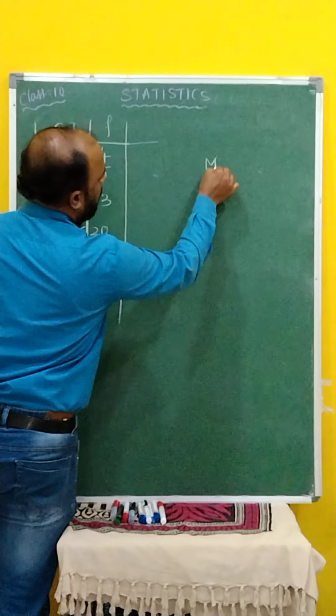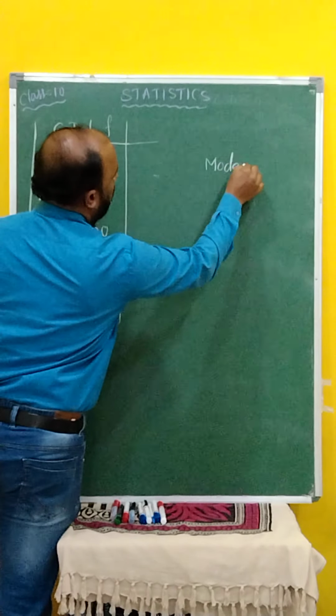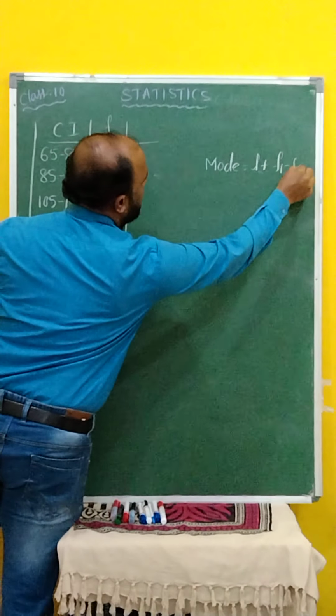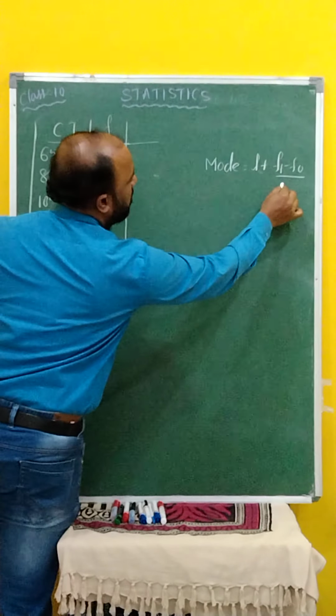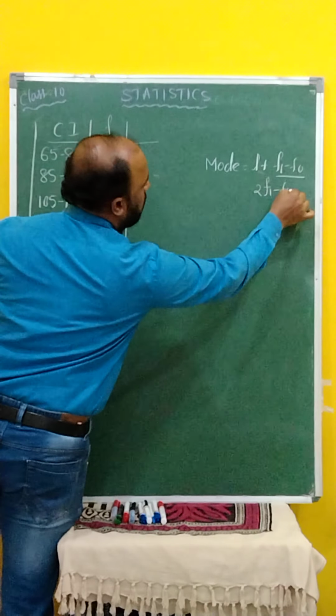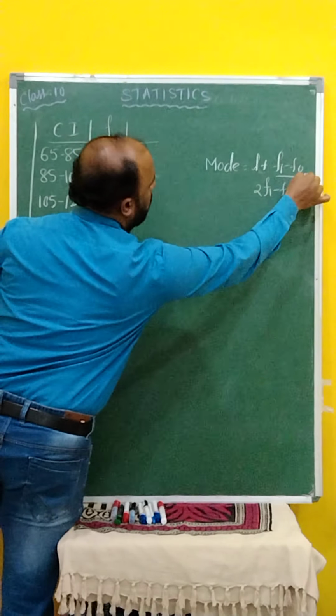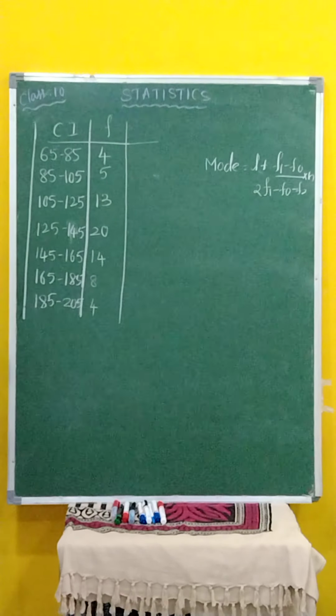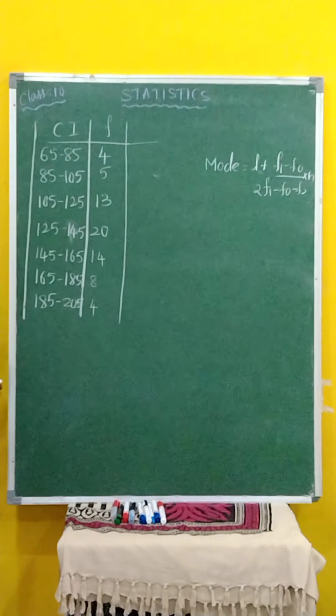Mode formula we know: mode is equal to L plus (F1 minus F0) divided by (2F1 minus F0 minus F2) into H. This is the mode formula. Clear? Now what are the values? Write first.